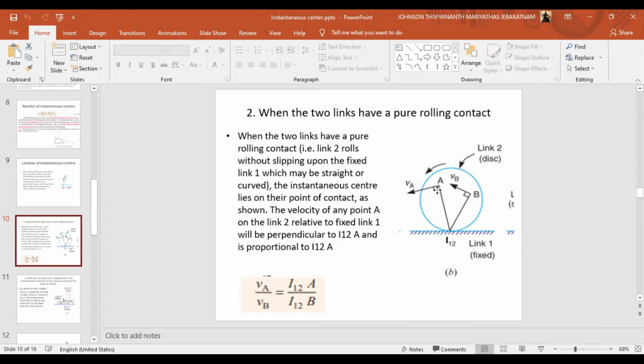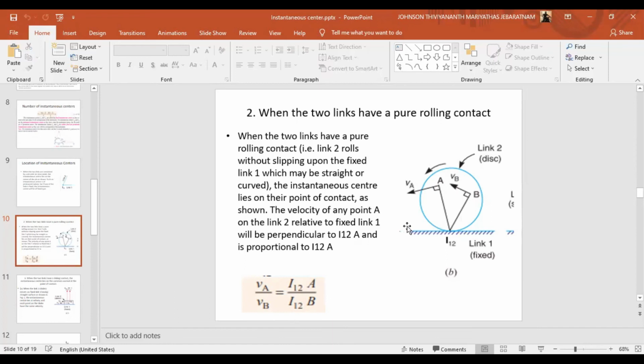So the velocity will be perpendicular to the line which is joining the instantaneous center and the particular point. If I take any arbitrary point B, we'll draw a line from the instantaneous center to that point, that is I12B. The velocity will be perpendicular to that link, 90 degrees.